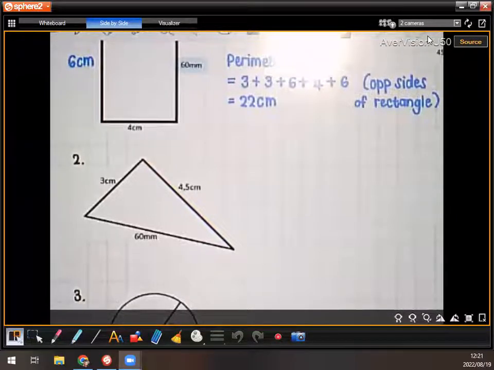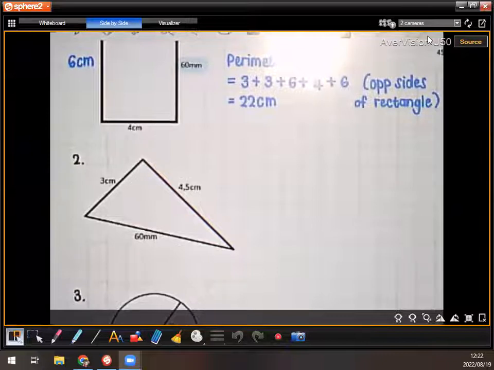You must be quick with this. 4.5 centimeters. Okay, guys, we have all 3 sides here. So this is actually a more simple one, but what is the problem here?